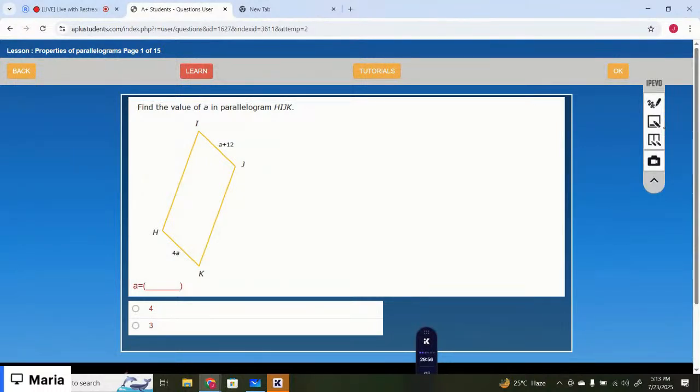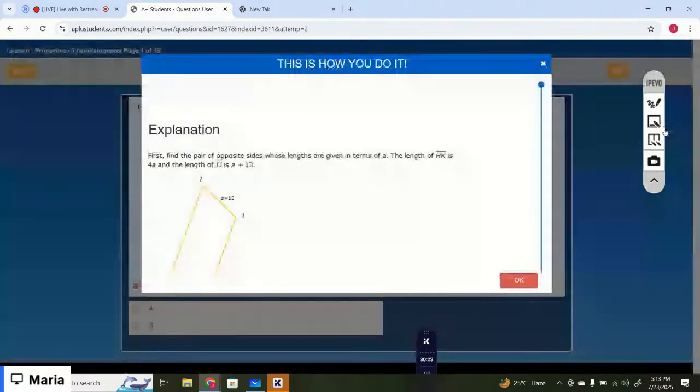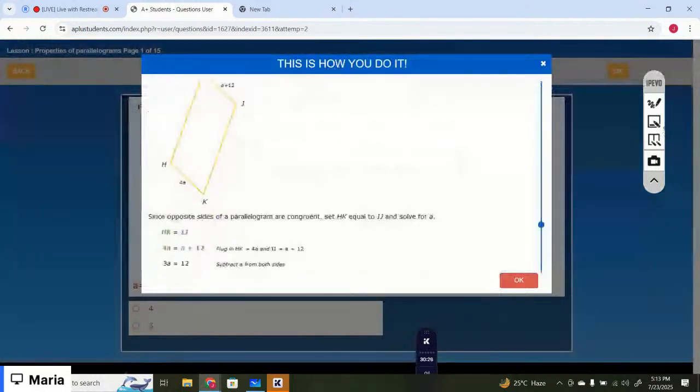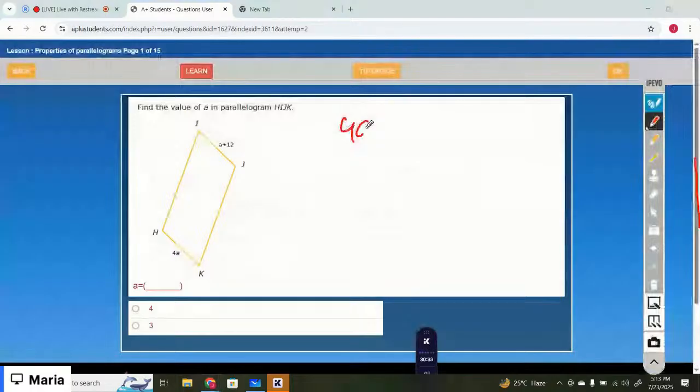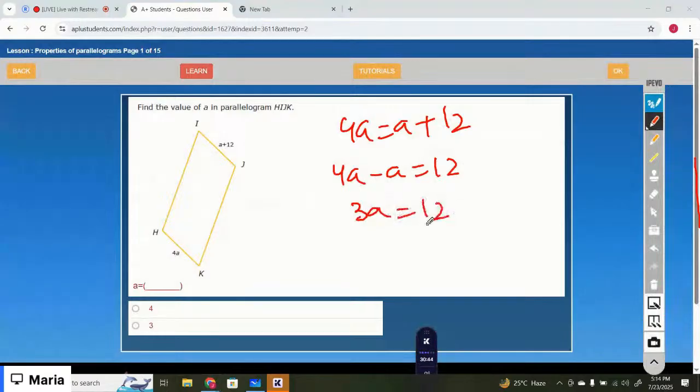Find the value of A in parallelogram HIJK. 4A equals A plus 12. 4A minus A equals 12. 3A equals 12.